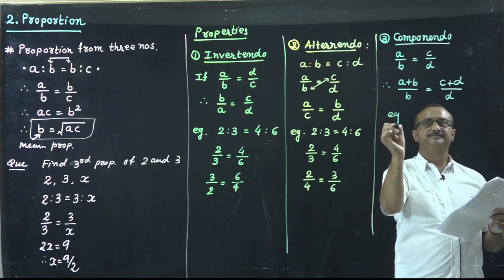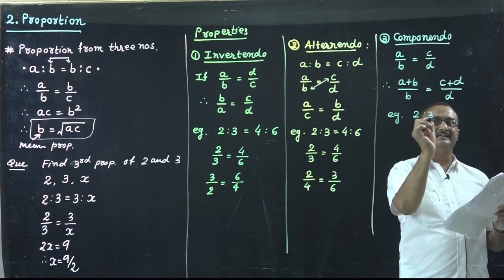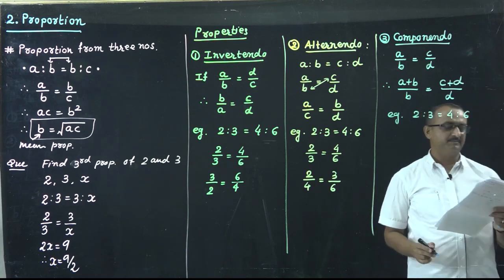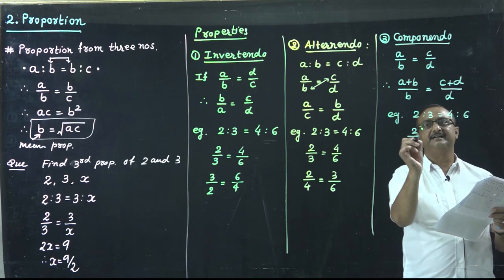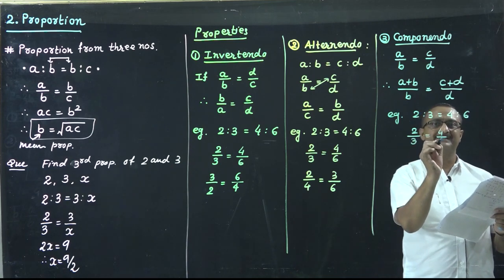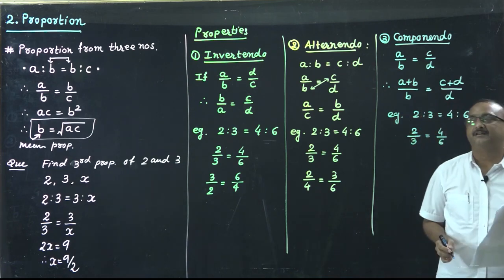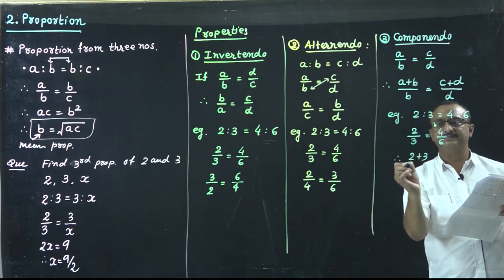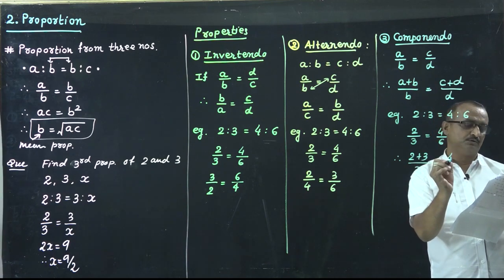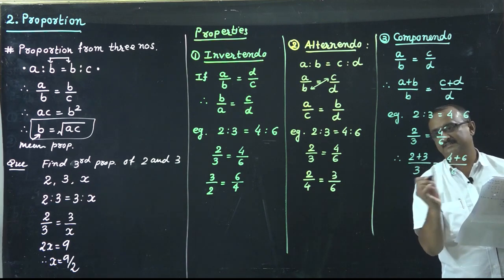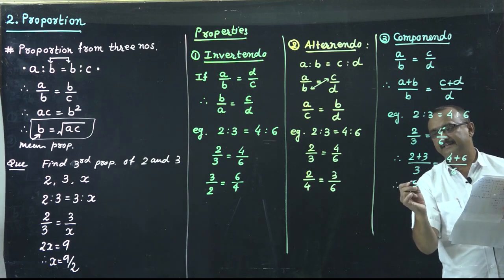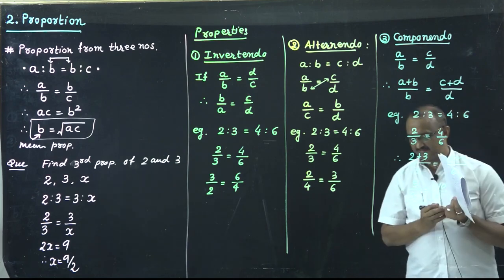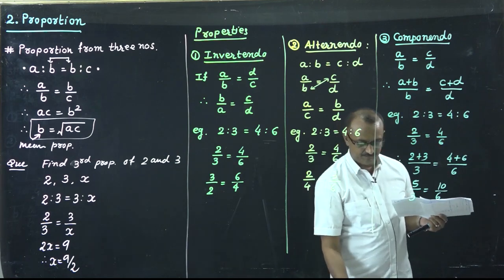For example, 2:3 is equal to 4:6 is given. By using this property, we can write 2/3 is equal to 4/6. Now we are applying our property componendo. We can write 2 plus 3 upon 3 is equal to 4 plus 6 upon 6. Then it is 5/3 equal to 10/6. Answer will be equal.